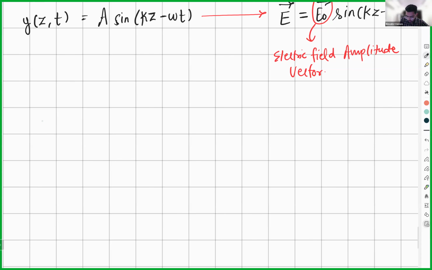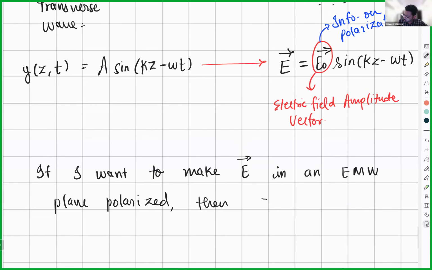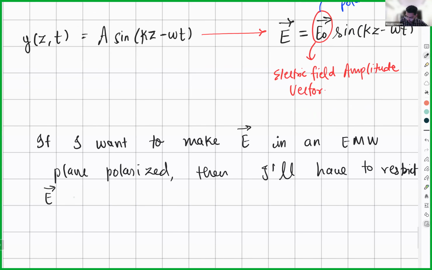So I can write this point: if I want to make electric field in an electromagnetic wave plane polarized, then I'll have to restrict electric field in a certain direction.